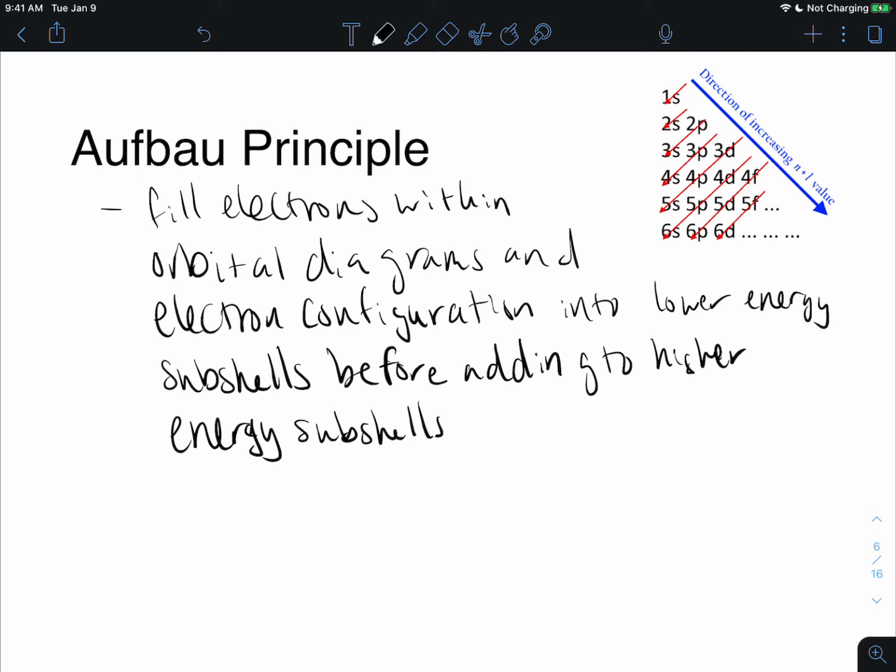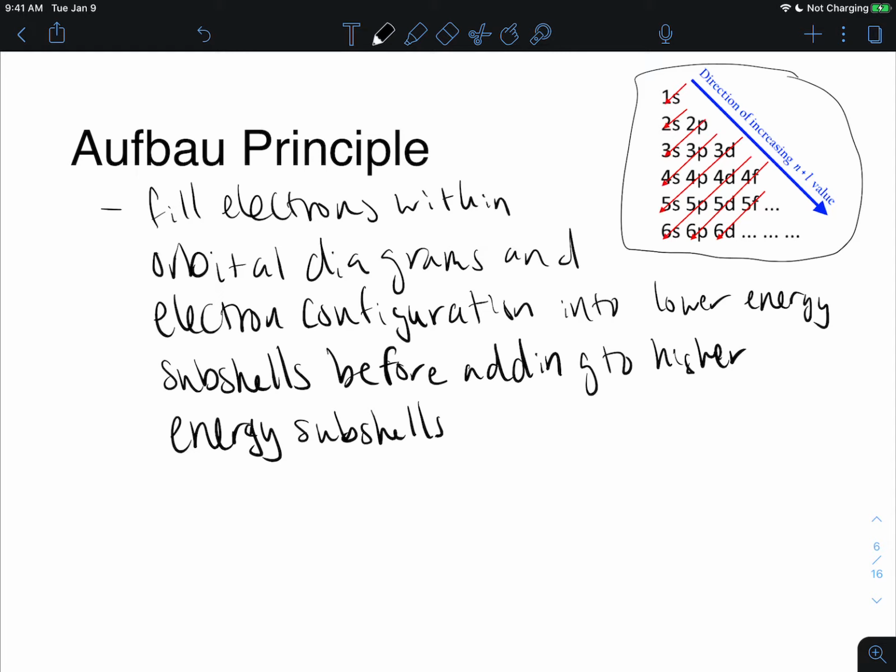Now, because of energy mixing between our energy levels, this is not always super straightforward. So this right here shows us our arrangement of filling electrons within our different subshells.